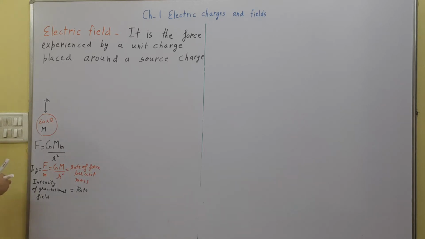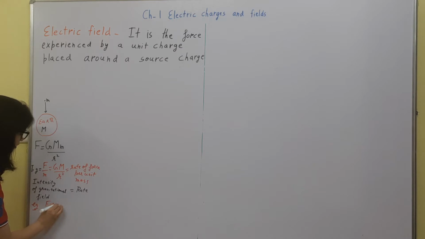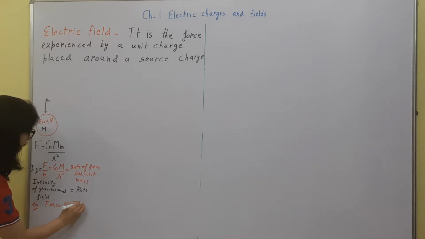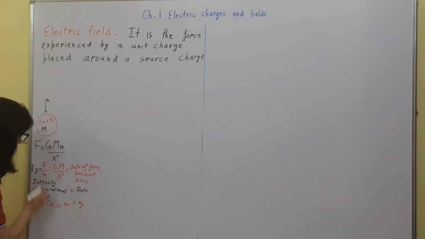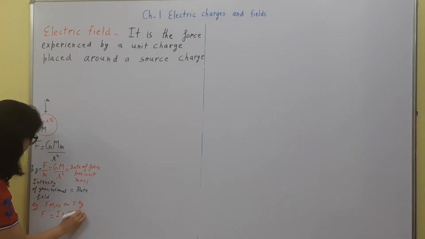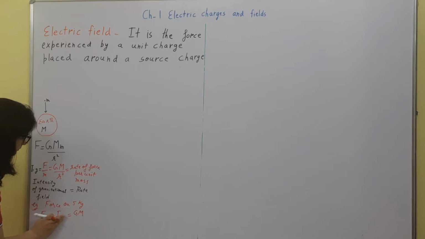Suppose I want to find the gravitational force on a 5 kg mass, right? So if I know this, this force will be intensity into small m, that means G M upon r square into 5.